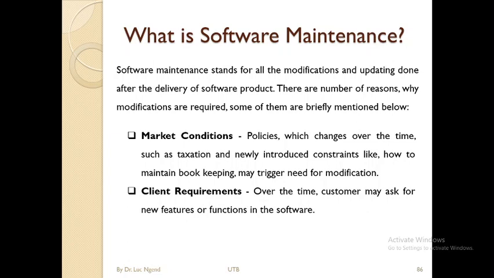Deploy means you migrate it from the test environment to the production environment, and you have commissioned it. Commissioning means start using it. You use it for some time, and then after some time you start maintaining it.